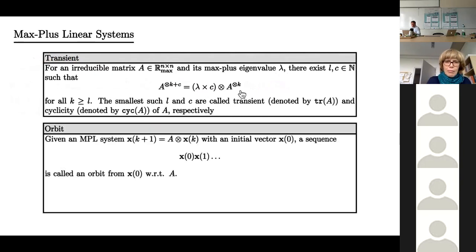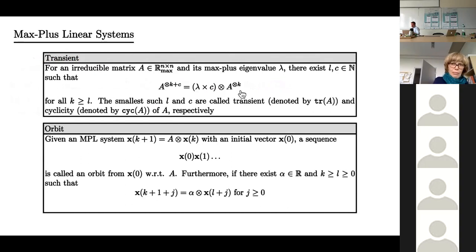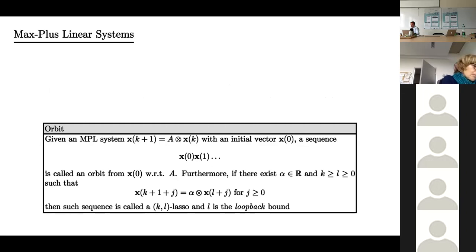Next, given an MPL system and an initial vector x0, the sequence of vectors x0, x1, and so on is called an orbit of x0 with respect to matrix A. Furthermore, if there are a real number alpha and non-negative integers k and l such that this condition holds, then such a sequence is called a kl-lasso, and l is called the loopback bound.